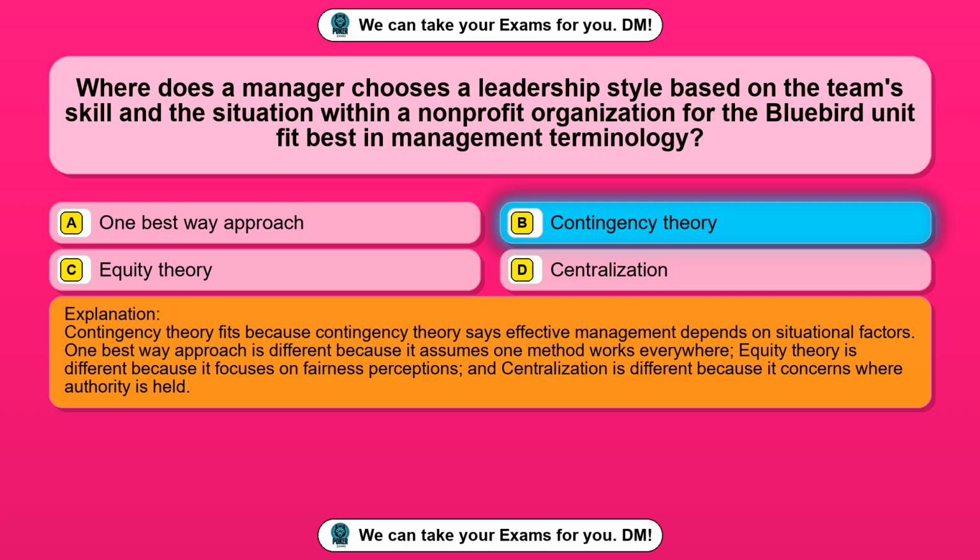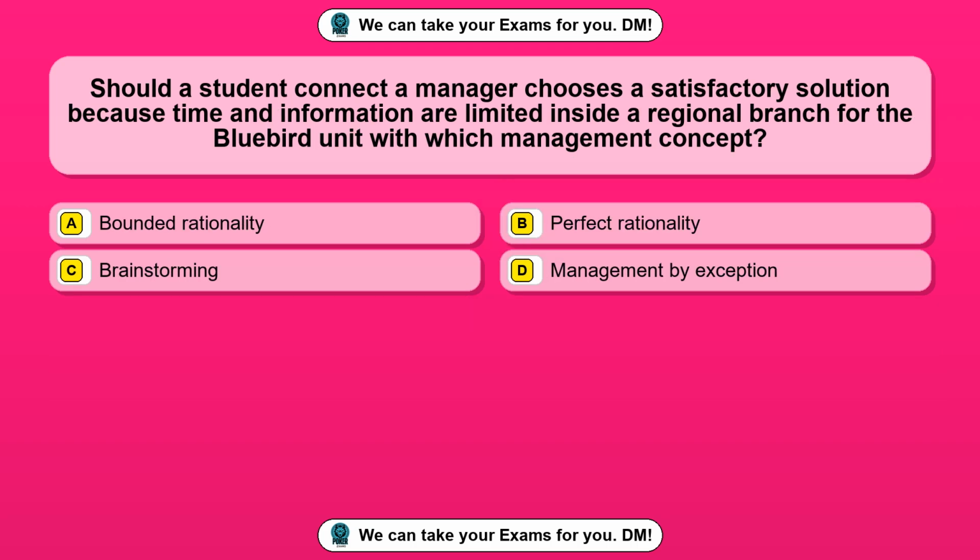Contingency theory fits because contingency theory says effective management depends on situational factors. One best way approach is different because it assumes one method works everywhere. Equity theory is different because it focuses on fairness perceptions, and centralization is different because it concerns where authority is held. Question 96.